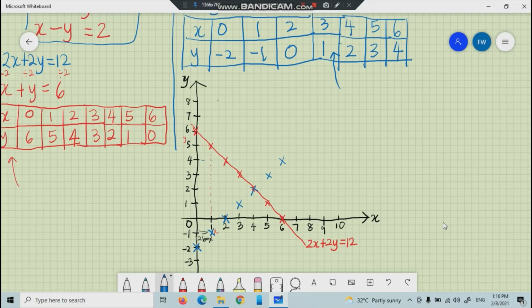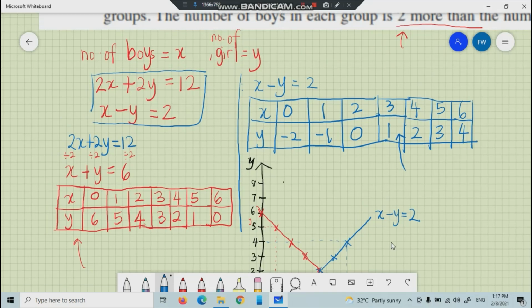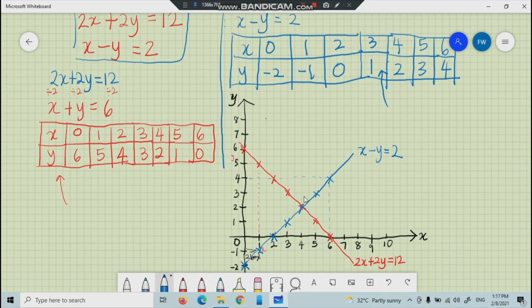Okay, you need to look up the y value and x value. Then we can use ruler and draw our straight line. You can always extend your line and label your equation. So that is how you solve simultaneous linear equation using linear graph.